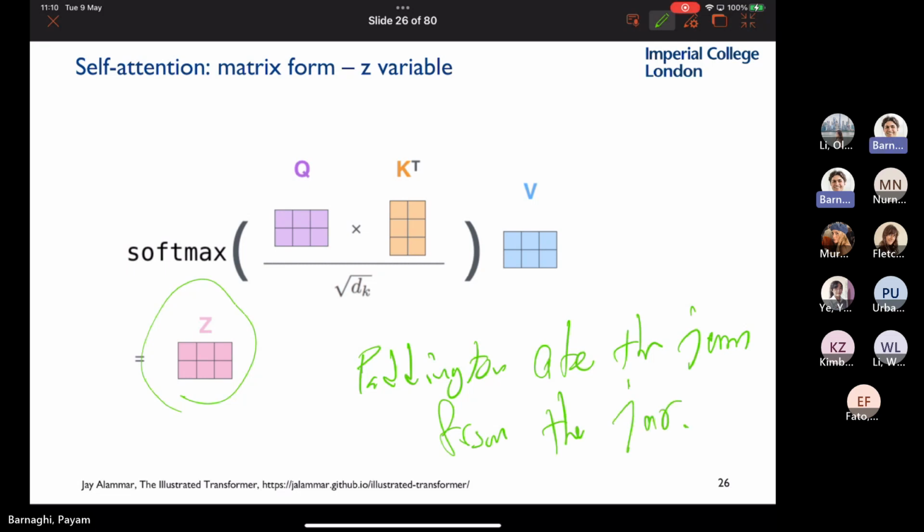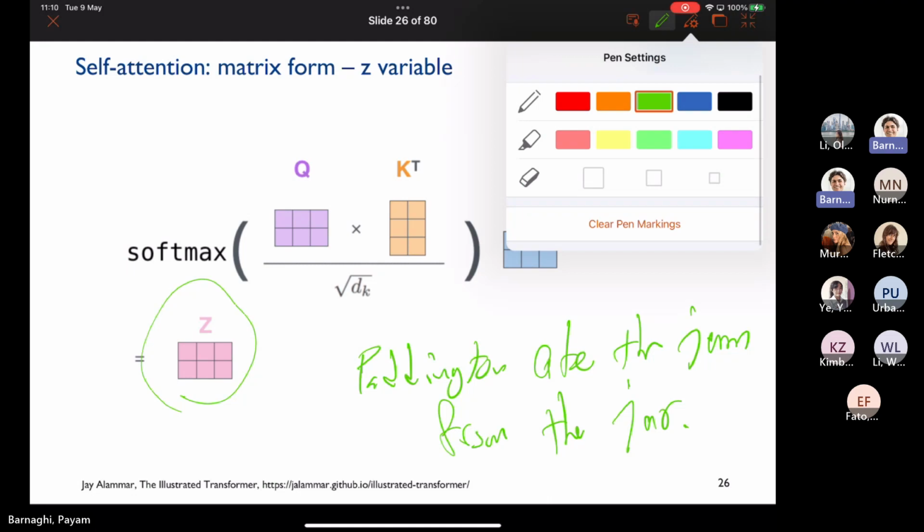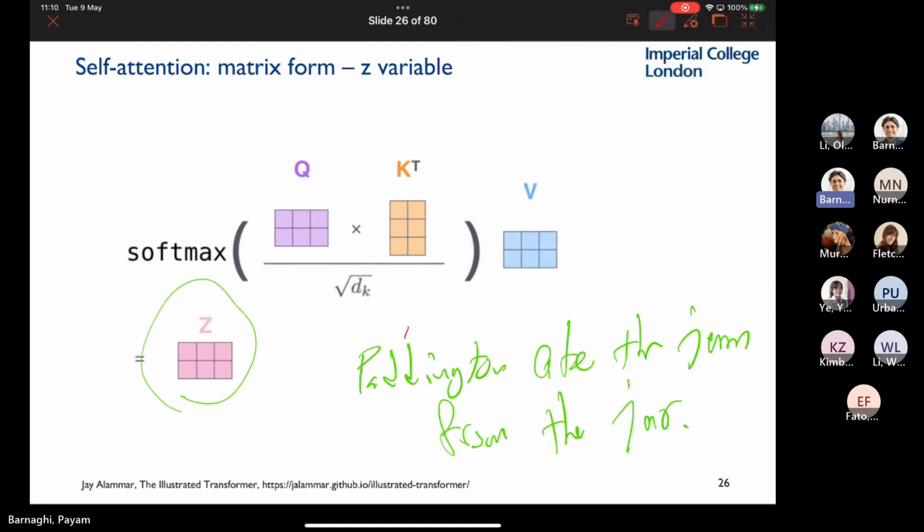is, if you had taken each of these words, how much other words contributed to that in terms of being relevant, and you will do this based on functions. Imagine if you were predicting Paddington, how much each of these words would have contributed to predict that the word there should be Paddington. Take it like that.